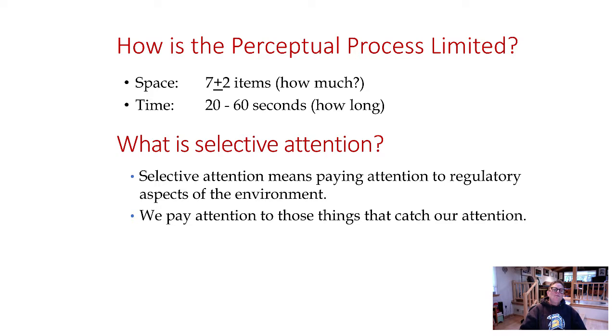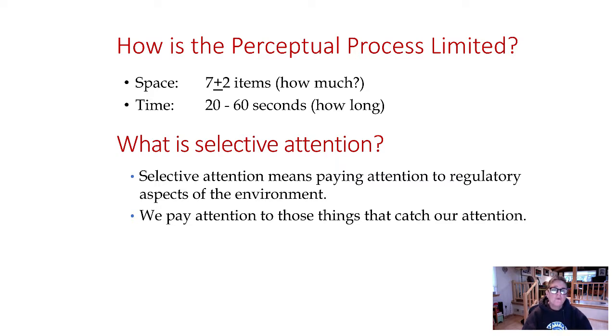So in order to deal with these limitations, we have to selectively attend to information. What selective attention means is that we pick out that information that's relevant or important to us. What aspects of the environment stand out for us?